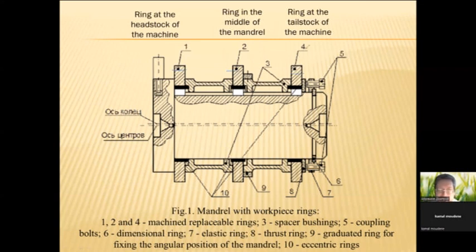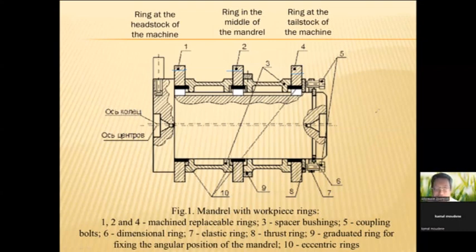Third ring, number 4 in this figure. So first ring, it's ring at the headstock of the machine. Second ring, ring at the middle of the mandrel. And third ring, number 4, ring at the tailstock of the machine.